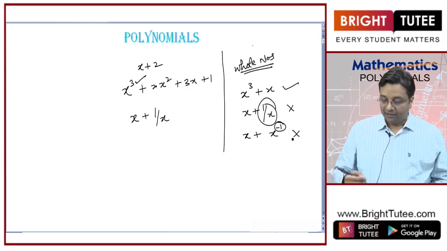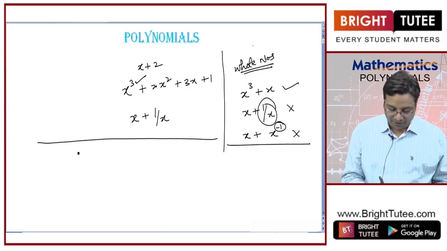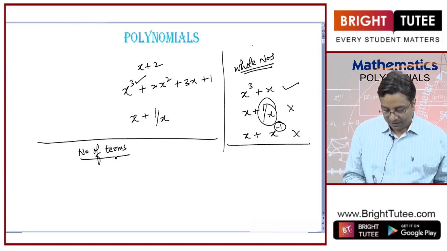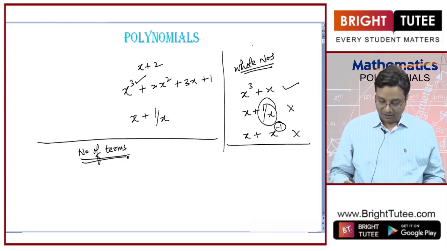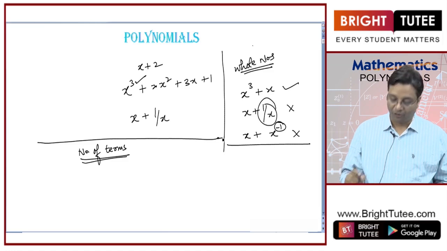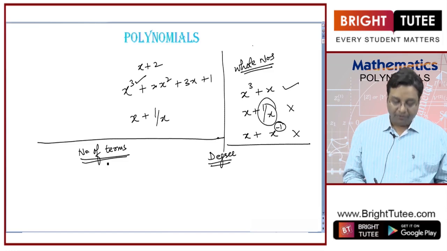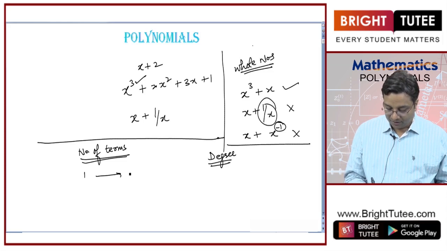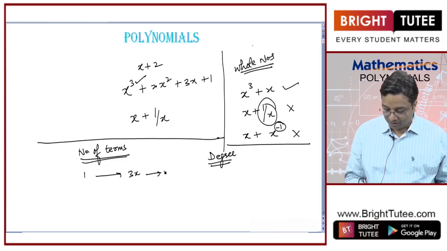So how do we categorize polynomials? We can categorize polynomials on the basis of number of terms, right, and also on the basis of power of the variable, on the basis of degree of a polynomial. Number of terms, if let us say number of term is 1, for example 3x is a polynomial with single term, so this is known as monomial, right?